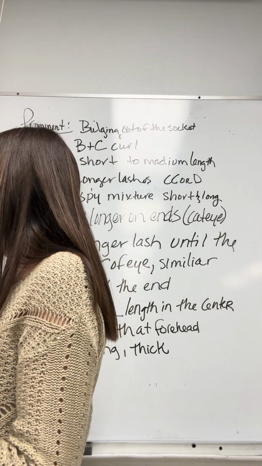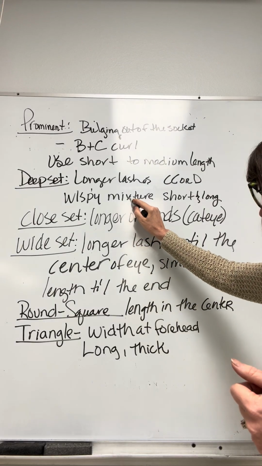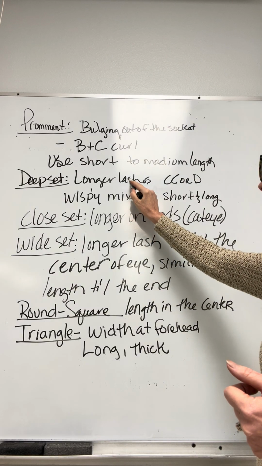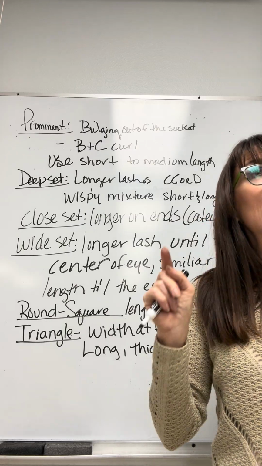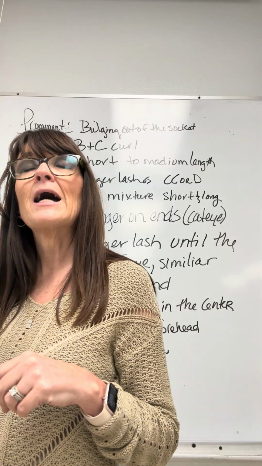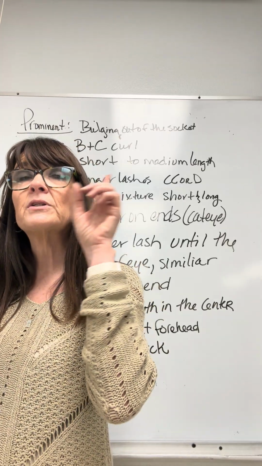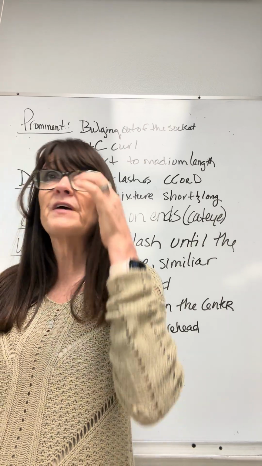So if she had deep set eyes, I would use a wispy mixture, but I would add my longer lashes out here, okay? But maybe I would use more of a wispier mixture of lashes because her eyes are deep set. But I could still put the longer lashes where they needed to be to help with her facial shape.